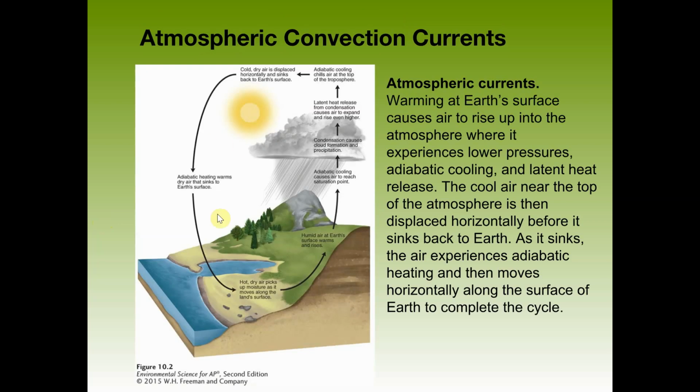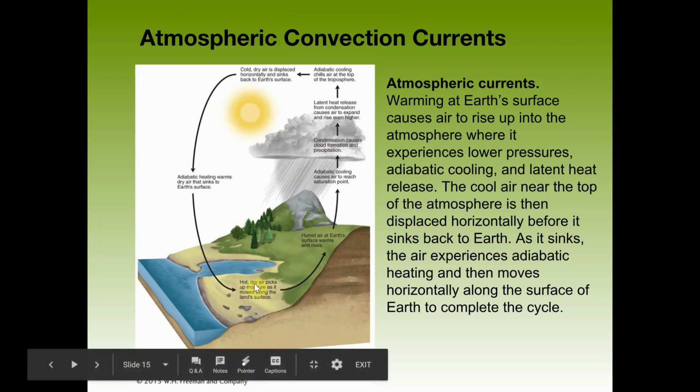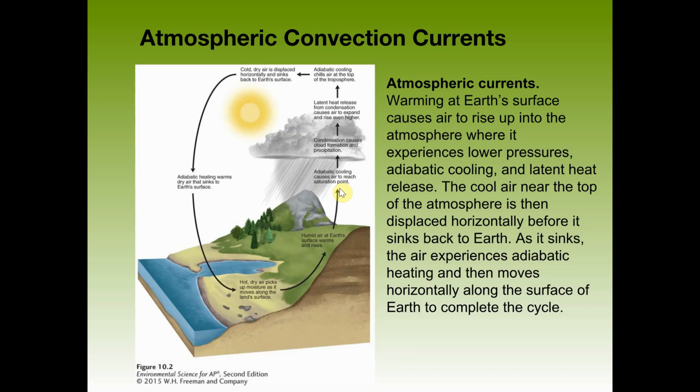So, in basics, we have some areas of the Earth where the surface heats up, and that dry air, as it's moving along the surface, will pick up water and it will heat up. That hot air rises, okay? And so it's rising up and rising up, and as it rises up, it cools.